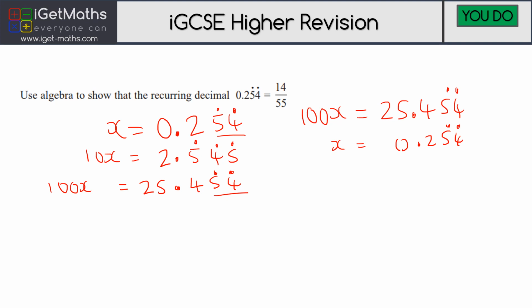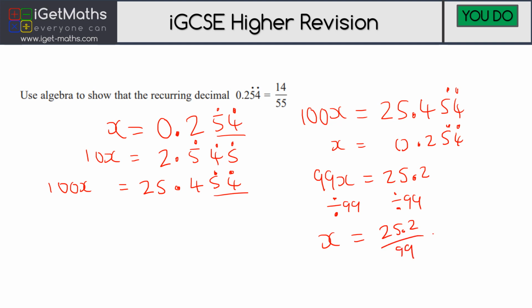That will give us 99x is equal to 25.2. Divide that by 99 on both sides. That'll give you x is equal to 25.2 over 99, and that should simplify down to 14 over 55.